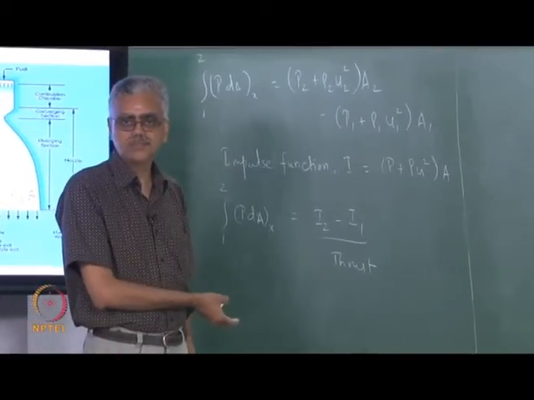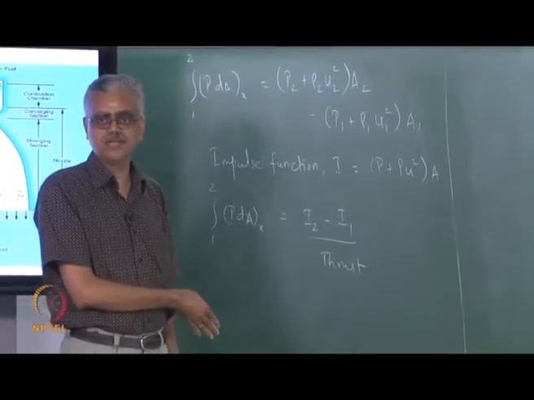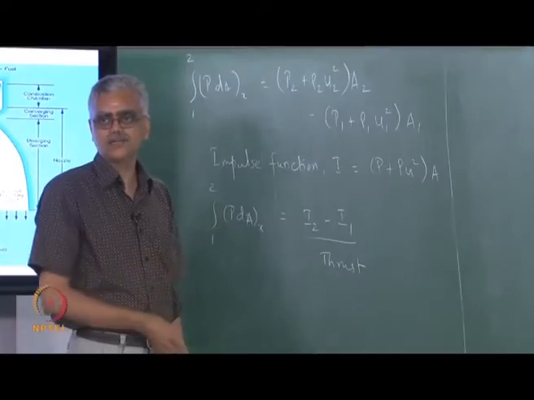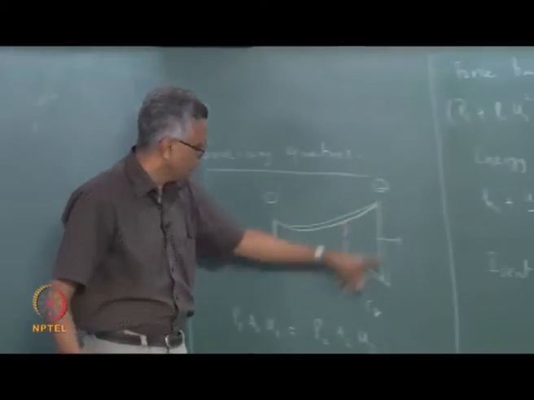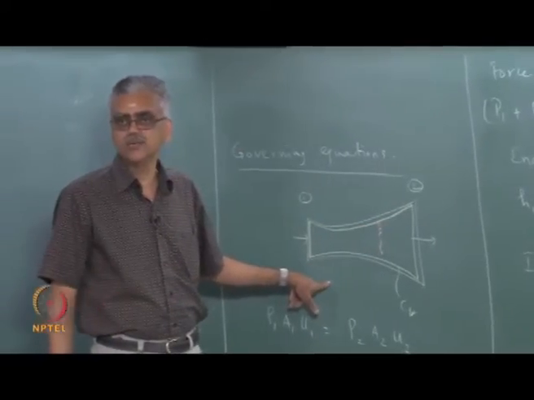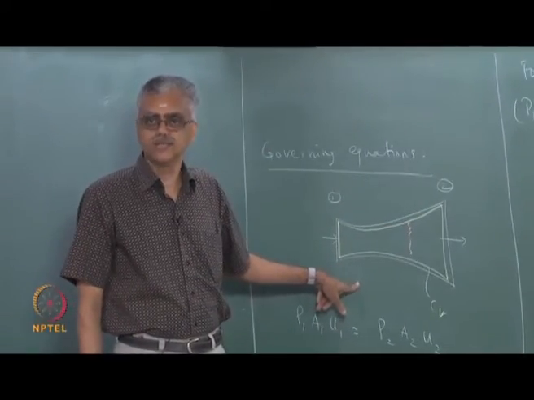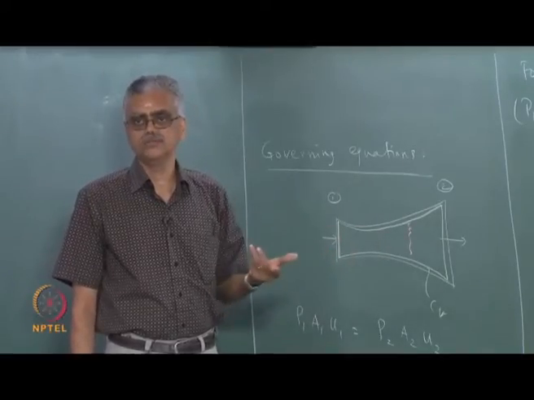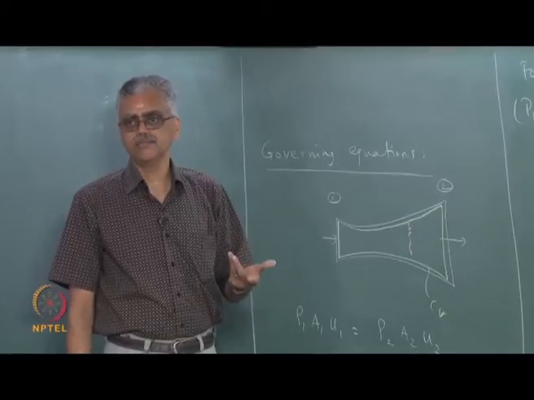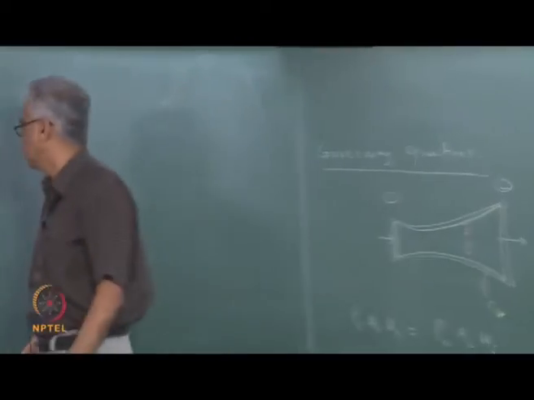But this equation tells me that I can also evaluate thrust by integrating the forces that act on the surface. So, I look at the pressure forces that act on the metal surface, and if I take the appropriate component and integrate them, that also gives me the net force that is exerted on the nozzle or on the airframe. So, the left hand side is also equal to thrust.